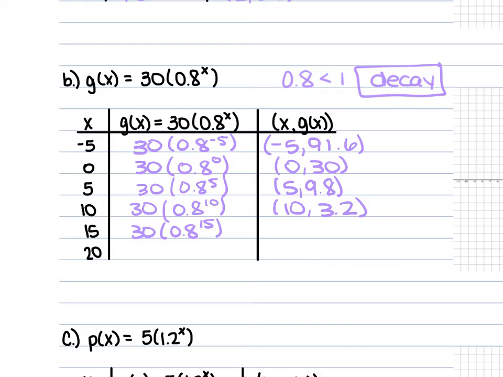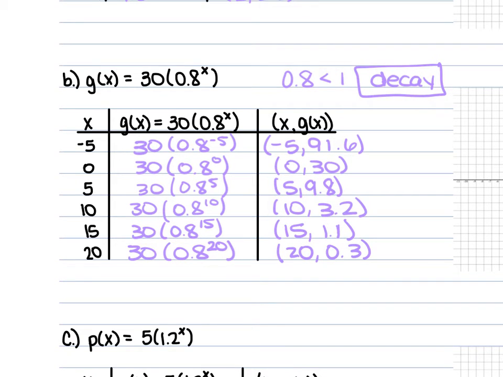So 0.8 to the power of 15 is 0.035. If we multiply that one by 30, we're going to get 1.1. So 15, 1.1. And then for 20, 30 times 0.8 to the power of 20 is going to give us 0.3. So it's 20, 0.3.